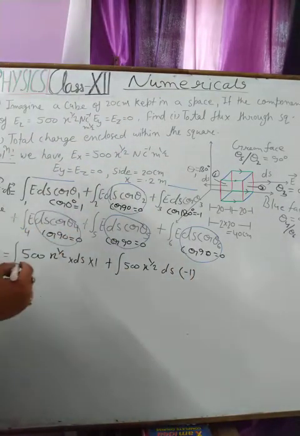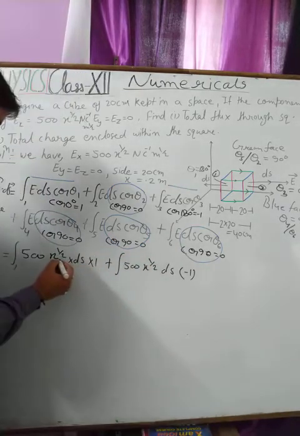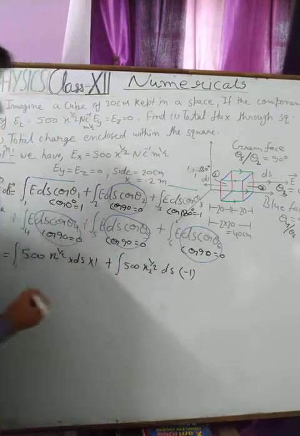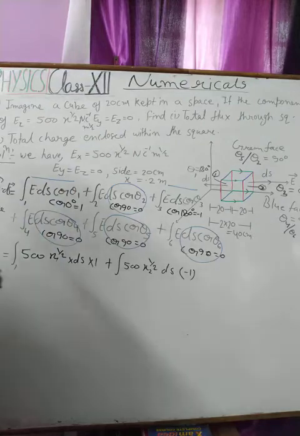Now we are putting this is x1 and this is x2 because two surfaces are there.